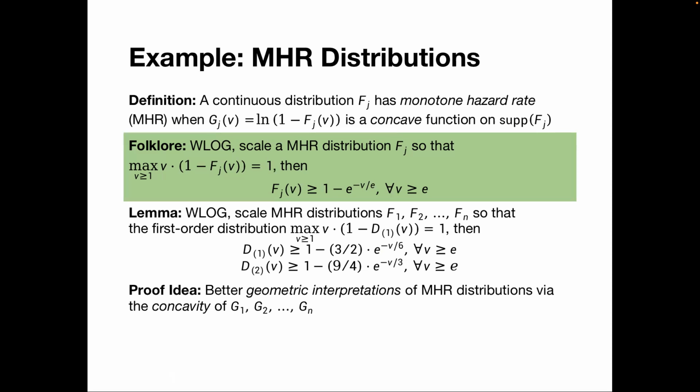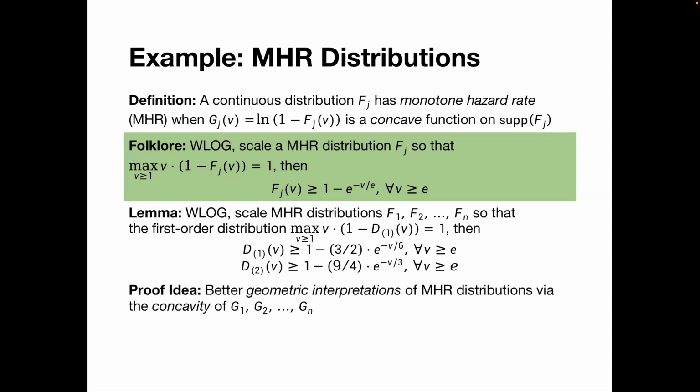It's a folk law that by scaling this MHR distribution F, as you can see here, it increases at least as fast as the exponential distribution.